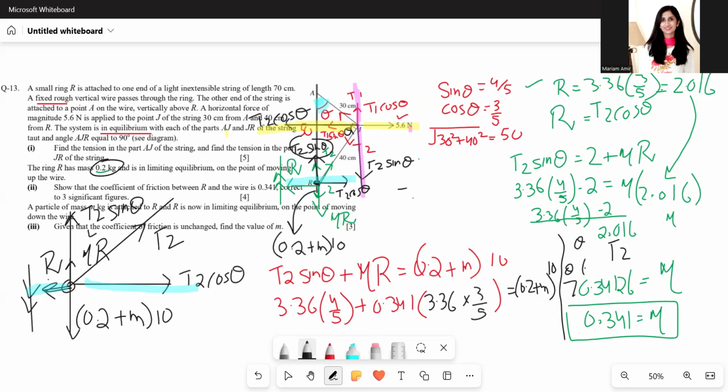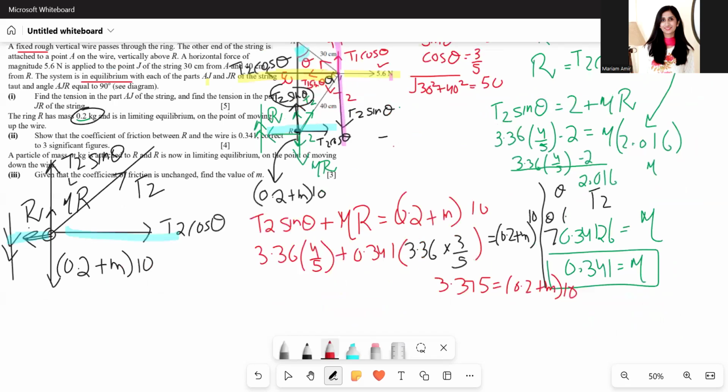Okay, I'm getting 3.375, equals 0.2 plus m times 10. So I'm going to divide the answer by 10 and subtract 0.2 from it, and I get 0.3175. So m is coming out to be 0.13754, rounded to 3 significant figures, 0.138 kg.